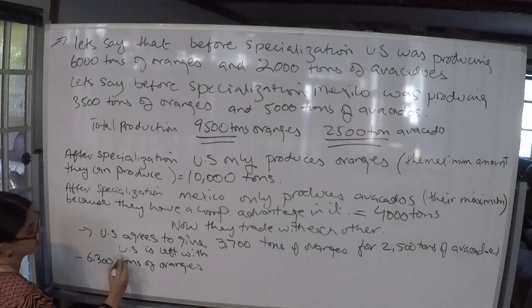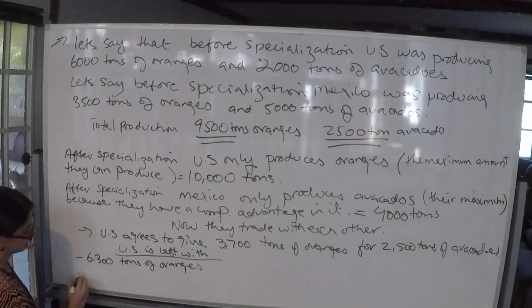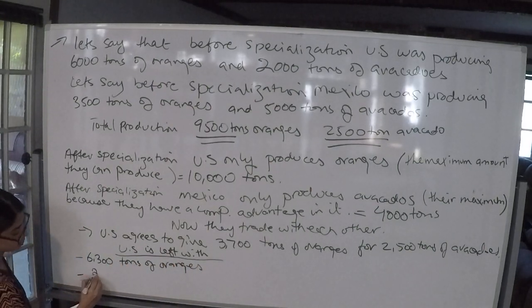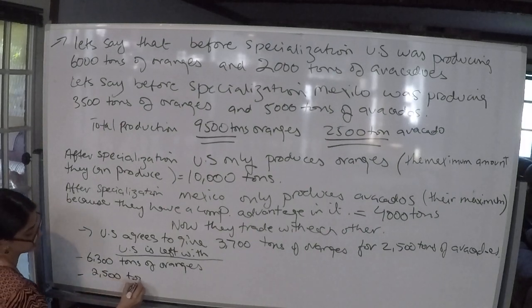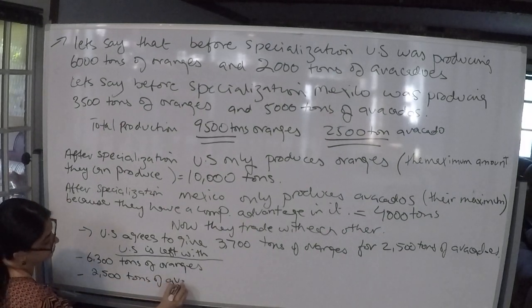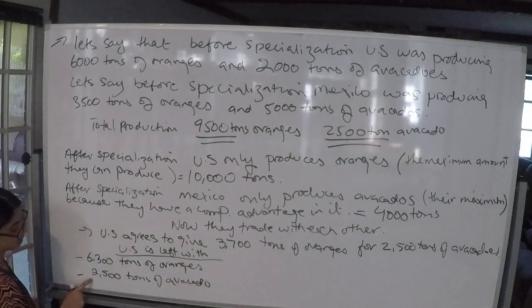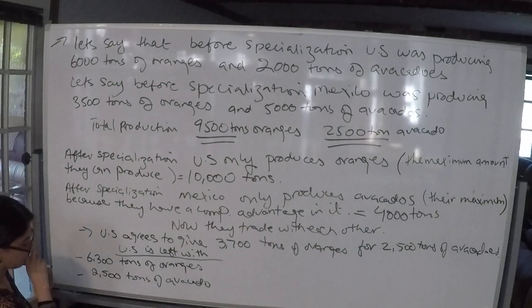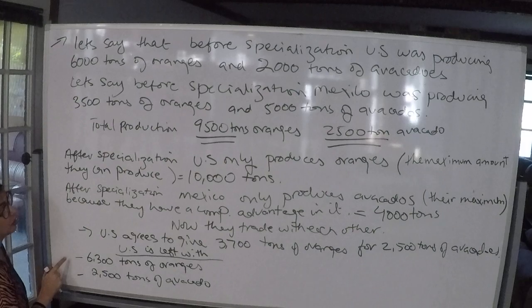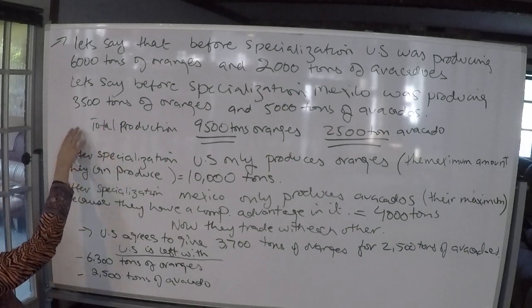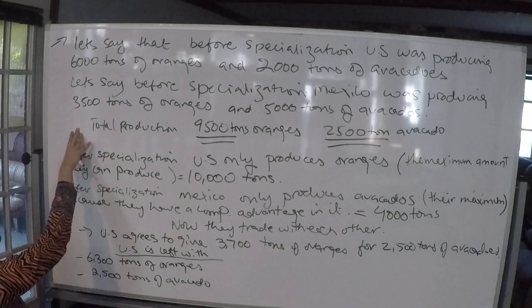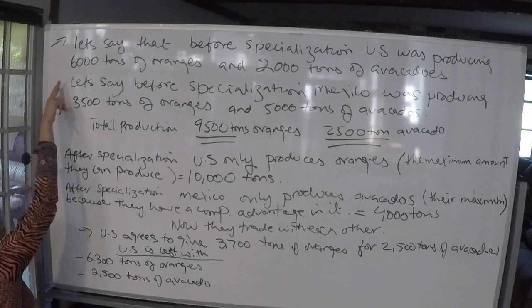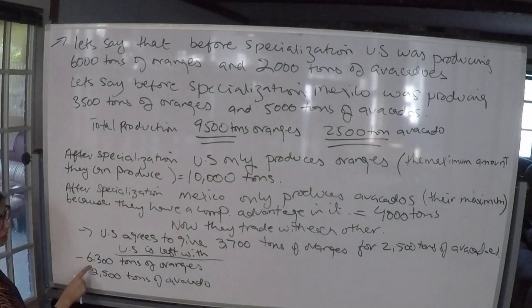And US gained 2,500 tons of avocado. This is what they got from Mexico, so that was the gain. Before the trade, US was producing 6,000 tons of oranges, so now it has 6,300, so that's a gain of 300.